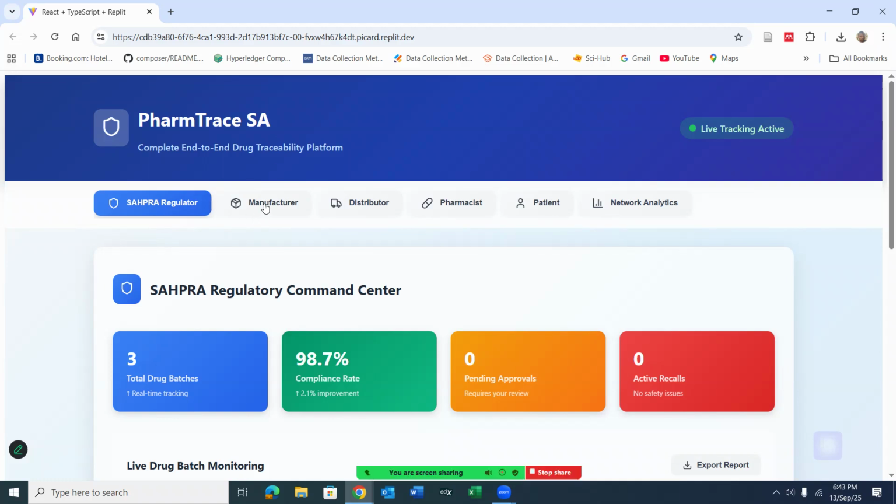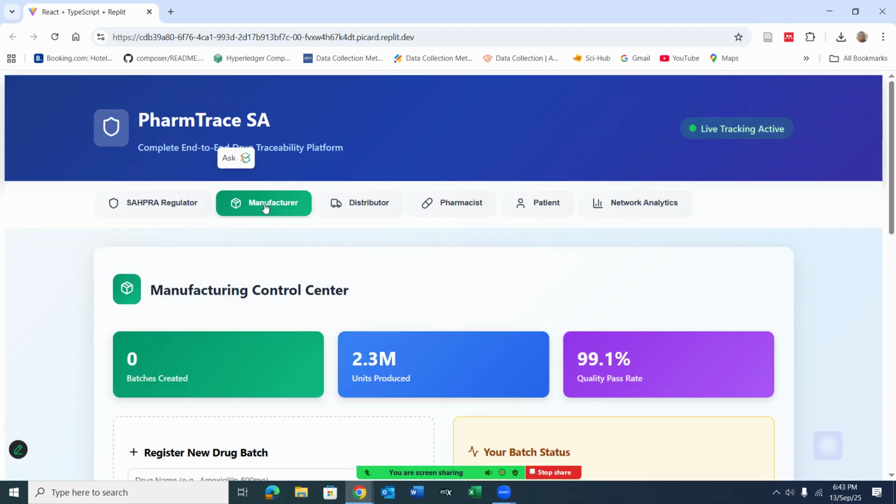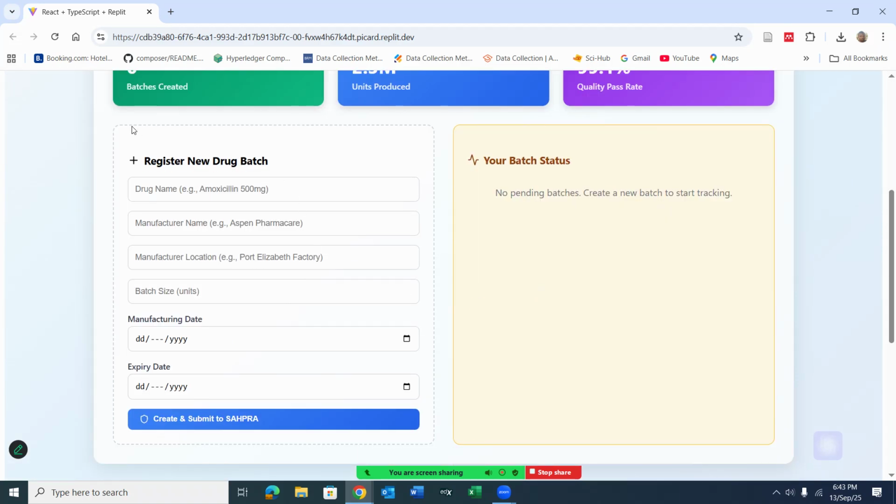When you are a manufacturer, you will come here and click on the dashboard for the manufacturer. You will now see that you can register the new drug batch information, and for now there's nothing that is registered or pending, right?